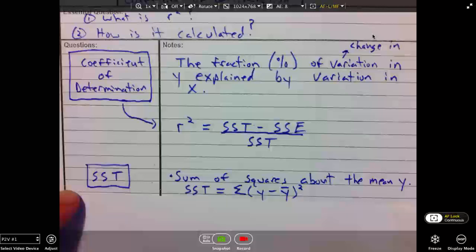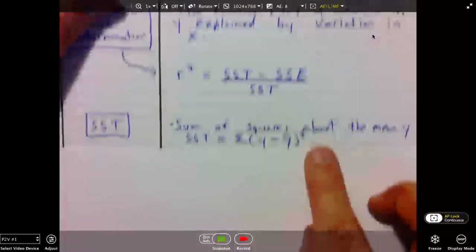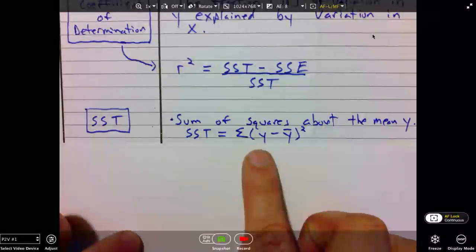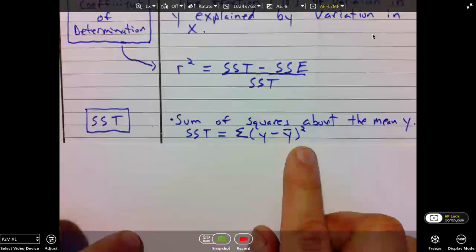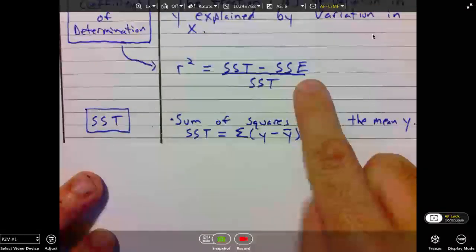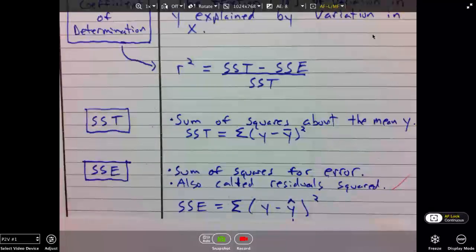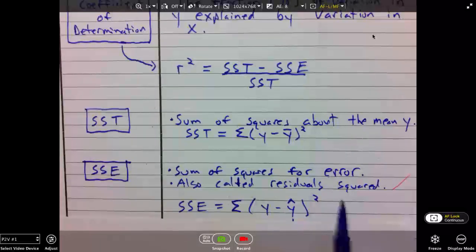SST is the sum of squares about the mean y. It is the sum of each y value subtracted from the mean y quantity squared. What is SSE? Well, SSE is the sum of squares for error. That's also called the residual squared.